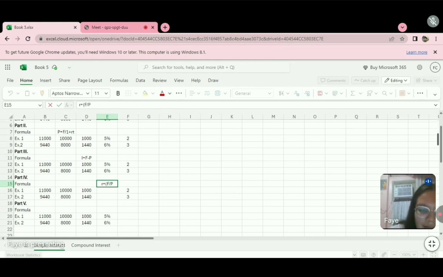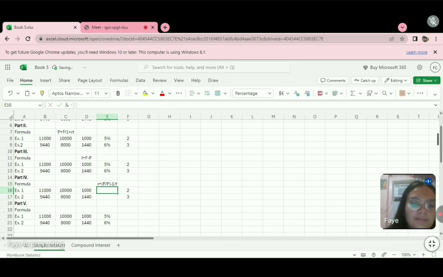For part 4, the formula for R is R equal to, let's put quantity so that we can separate, quantity F over P minus 1, all over T. But unfortunately, some buttons on my laptop are malfunctioning or not functioning at all when used all together on Excel. I've tried it 100 times already, so instead I'll be using my scientific calculator.